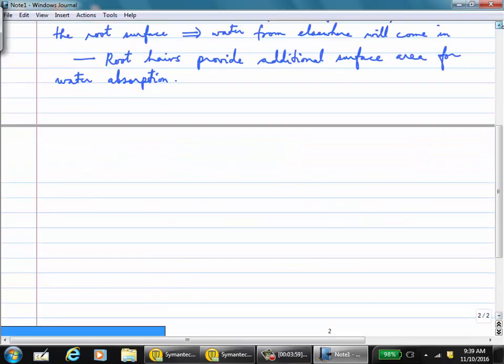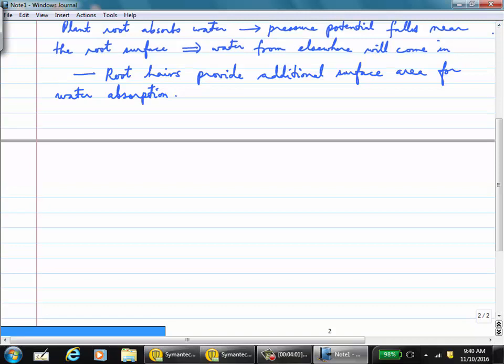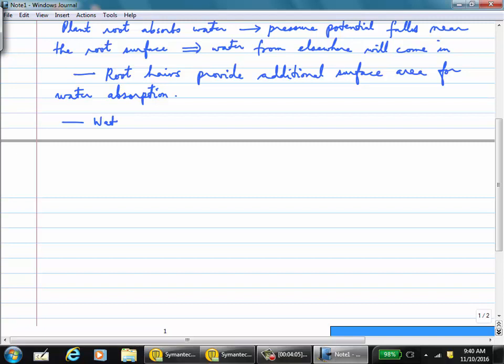Now once the water is absorbed from the soil by the roots, the water moves in the root via the apoplast. Anybody remember what's the apoplast? It's basically the network that is made up by all the spaces in the cell wall.